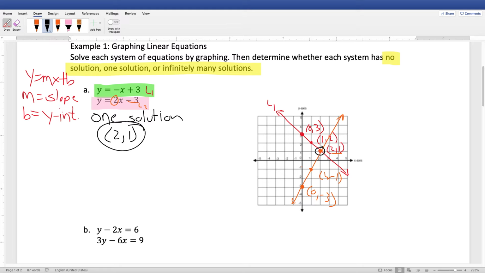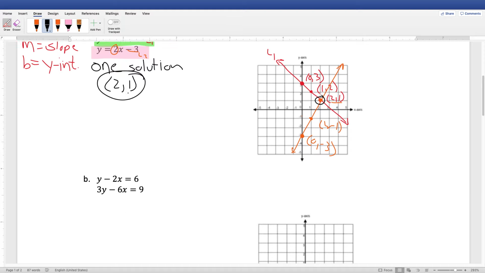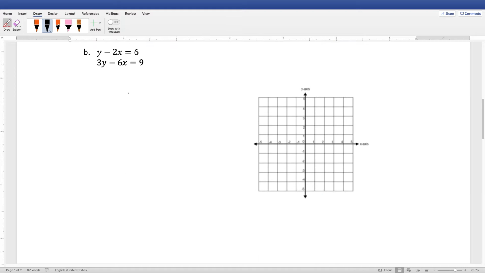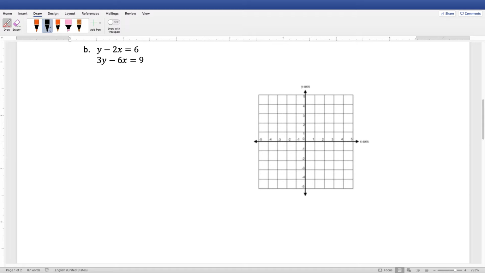So now we're going to take the same ideas and apply them to B. This time we have line 1 as the top one and line 2 as the bottom one. What you will notice in both of these is neither one is in the form y equals mx plus b. Remember, I want them to be y equals mx plus b, so that I can tell where my y-intercept is and where my slope is.